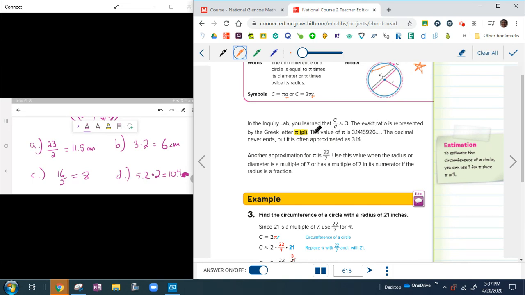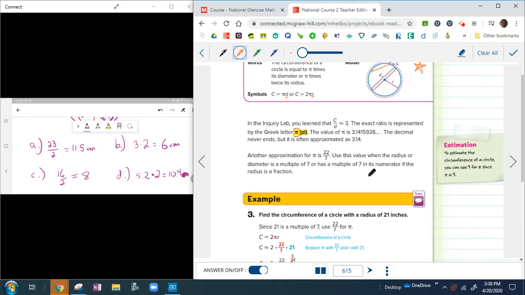All right. In some problems, people just leave the pi in the answer instead of actually using an approximation like 3.14 and multiplying. They just never multiply. They leave the pi there so they can keep it exact and not approximate.